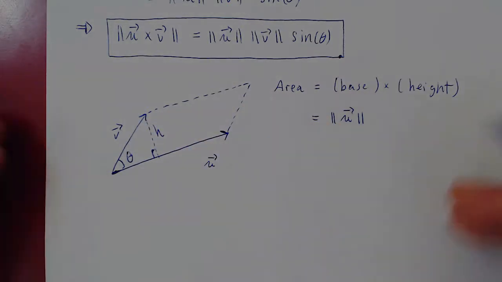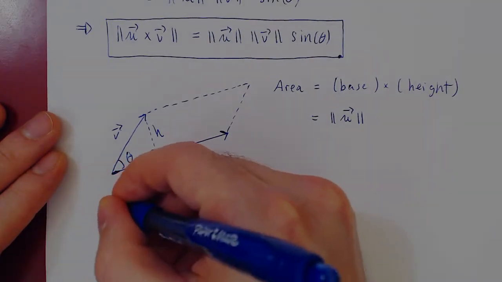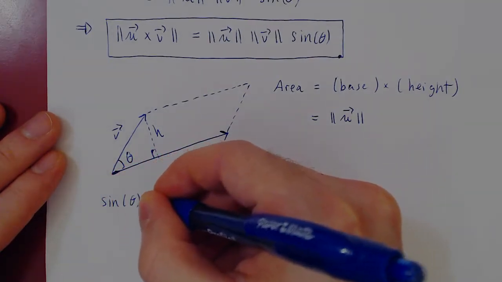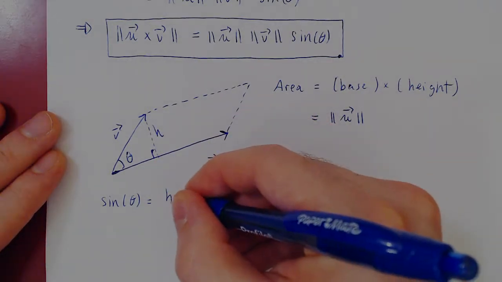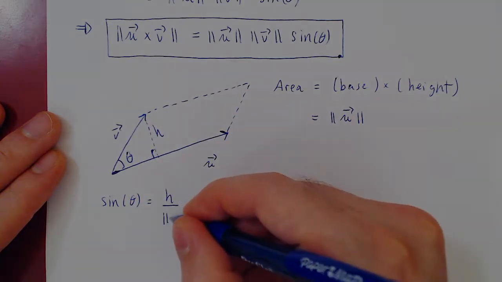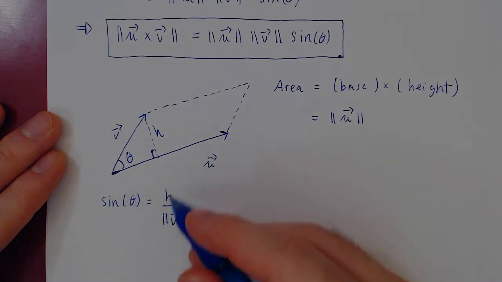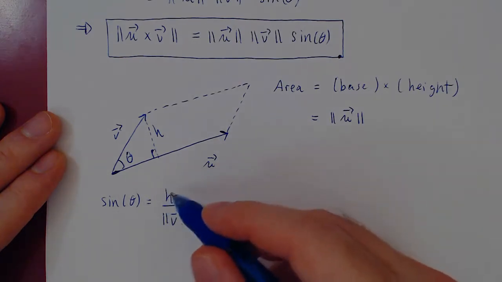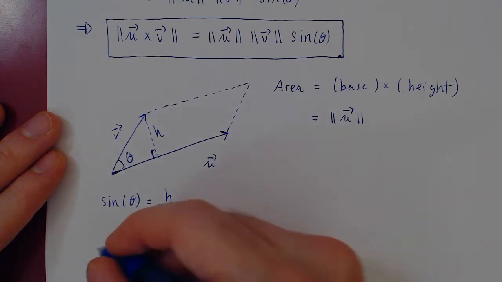We can now use the sine function. Sine of theta, SOHCAHTOA, the sine is the opposite of the angle over the hypotenuse, which is the norm of vector v. So quite simply, if sine theta is h over norm of v, we can isolate h, and h is norm of v sine of theta.